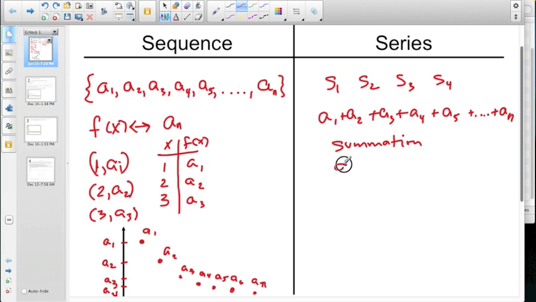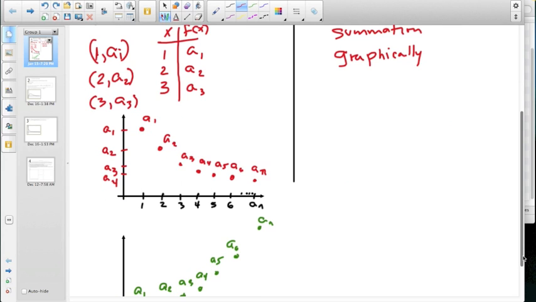And so when we talk about a summation then, and we want to talk about that graphically, we can take a look at that by using this same picture we have right here.